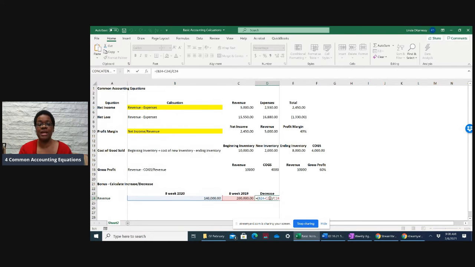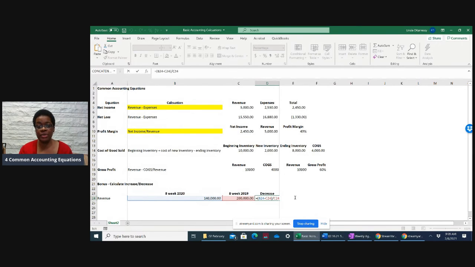Hopefully that makes sense. So once again, to calculate an increase or decrease, maybe for revenue or a particular expense, you take what I call the current minus the prior, divide that number by the prior, and you'll get your percentage.